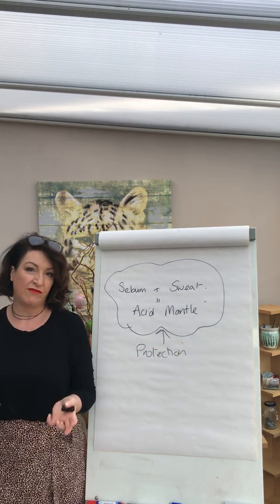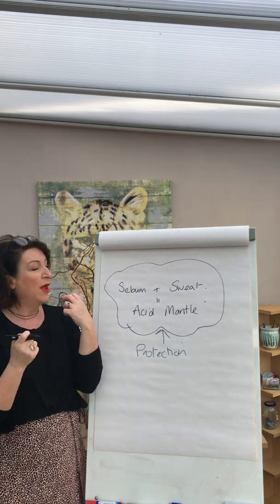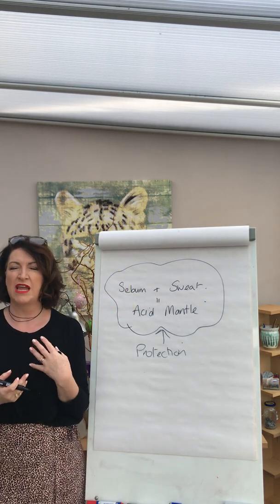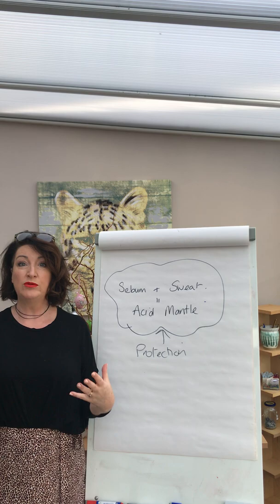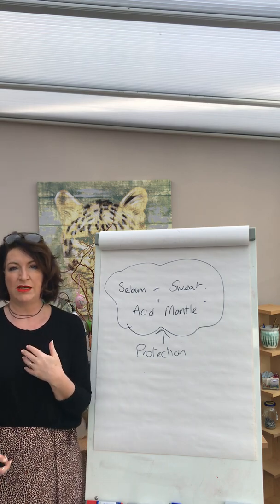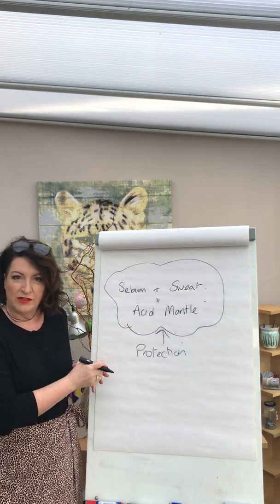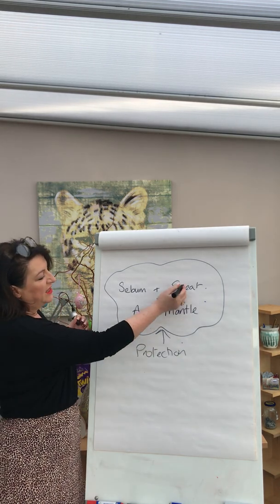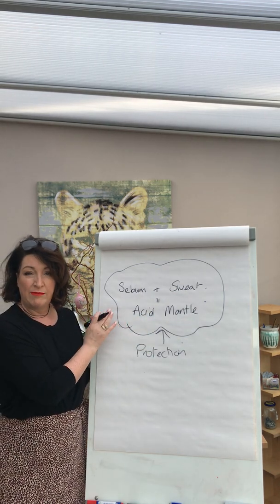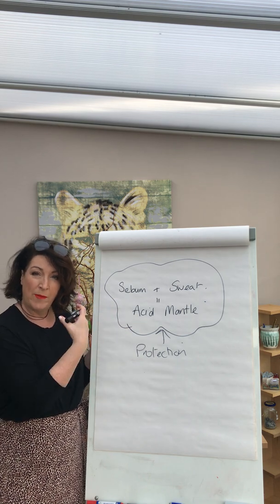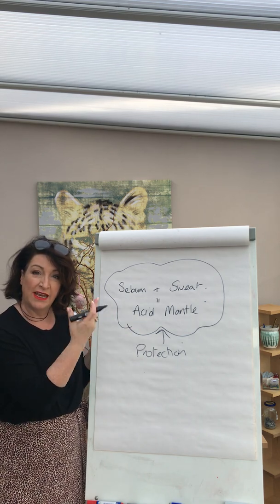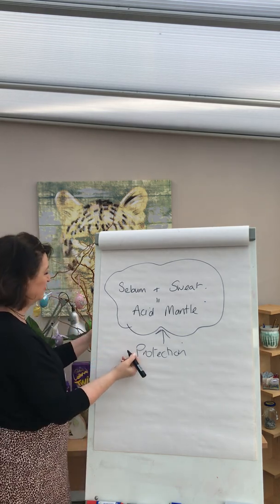So it protects the skin from any bacteria getting in, but it also helps to protect the skin from losing too much, so losing too many salts, too many minerals, too much oil, too much sweat. These two together are really important in protecting us from bacteria and foreign bodies getting in through our tiny pores.